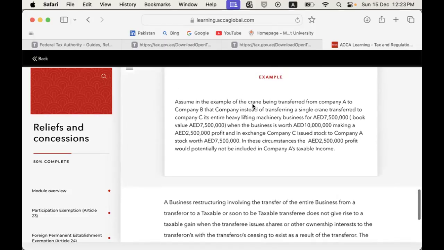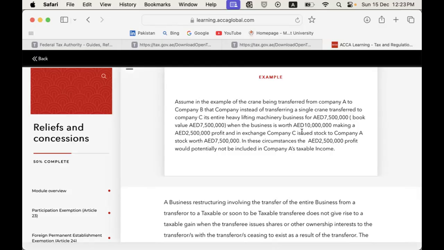Assume in the example of the crane being transferred from company A to company B, that company instead of transferring a single crane transferred to company C its entire heavy lifting machinery business for 10 million dirhams. Book value was 7.5 million, but the business is worth 10 million dirhams, the market value was higher, making a 2.5 million profit.